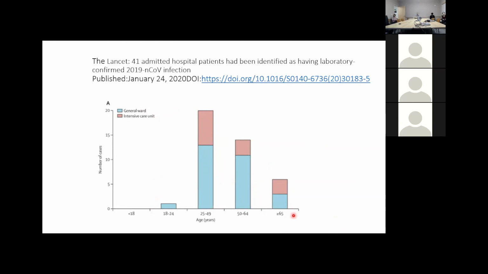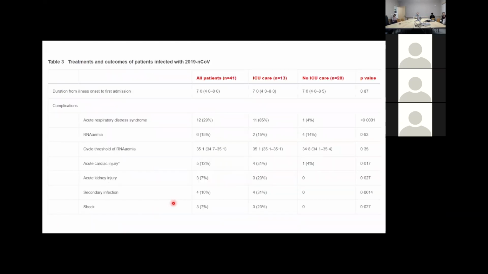But as you can see, in the older people, a much larger percentage were admitted to the ICU. Okay, and this is from the same series of 41 patients, looking at those who ended up in the ICU versus those who did not end up in the ICU.